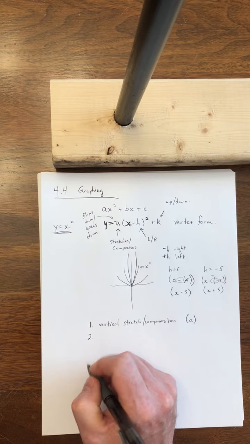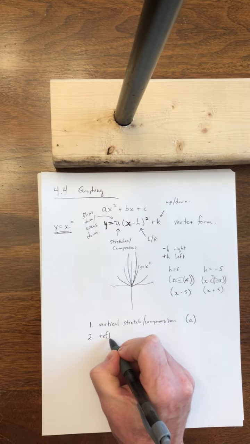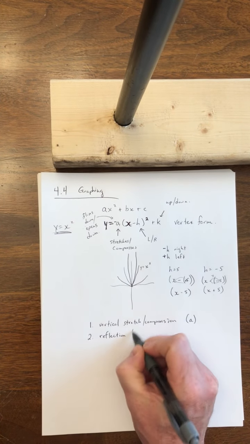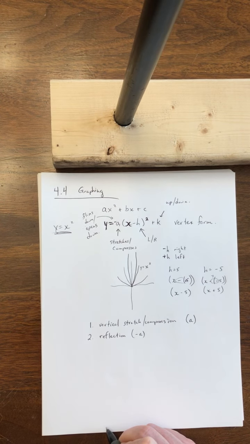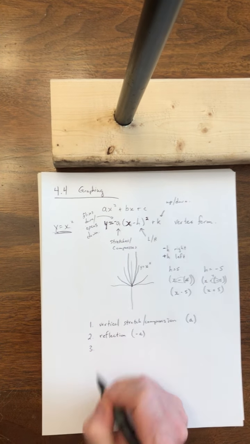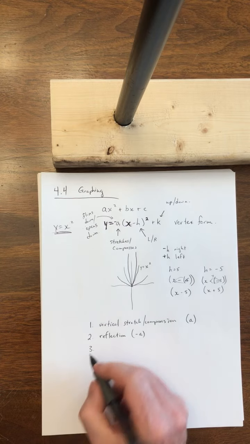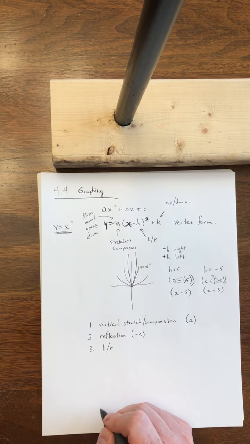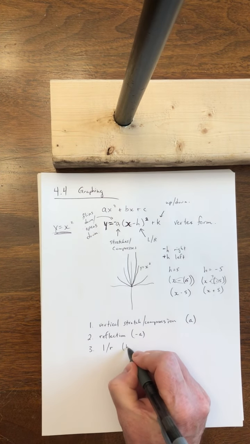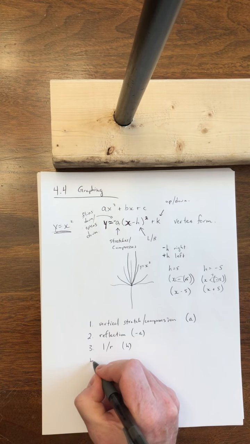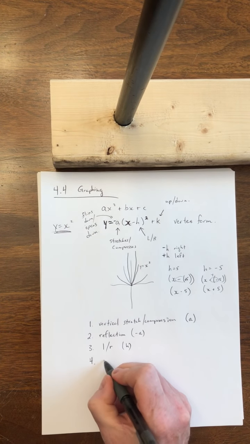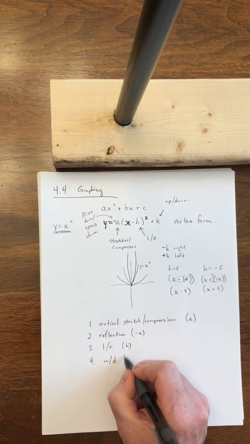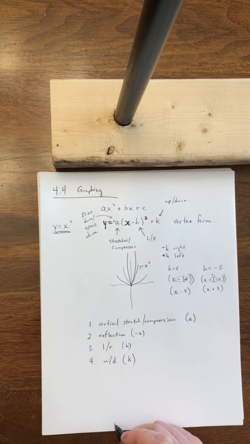Secondly, if there's any reflection, and that's if we have a negative a, we would do that second. Third, we would deal with our left or right, which is our h. And fourth, we deal with our up and our down, which is our k value.